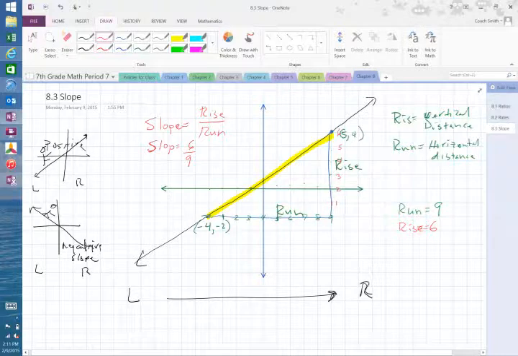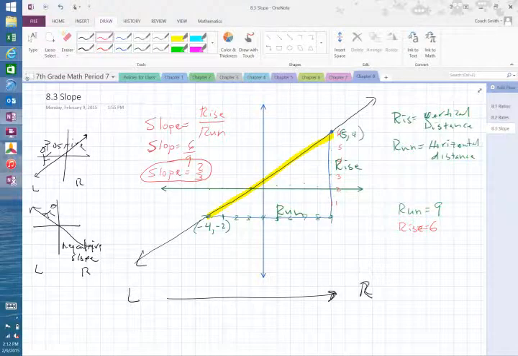Does 6 over 9 reduce? What does it reduce to? 2 over 3. So slope is equal to 2 over 3. So that is the answer to this problem. The slope of that line is equal to 2 over 3.